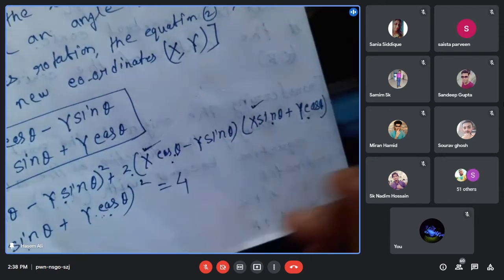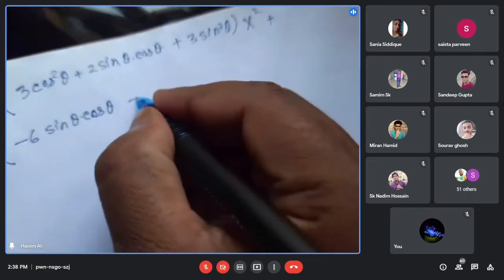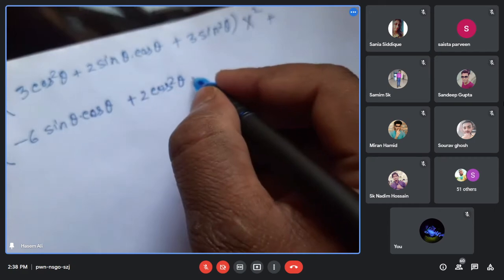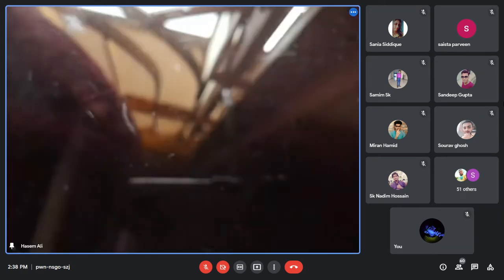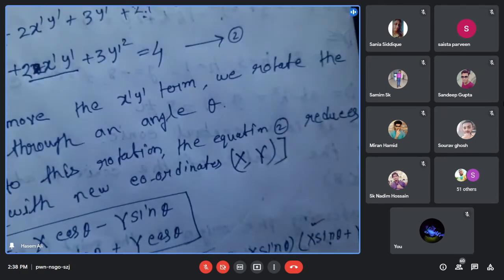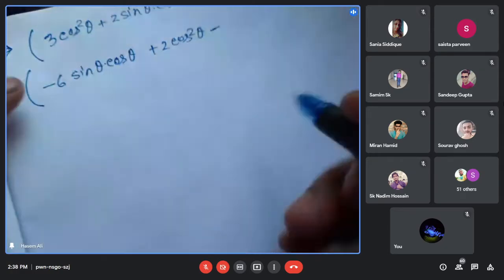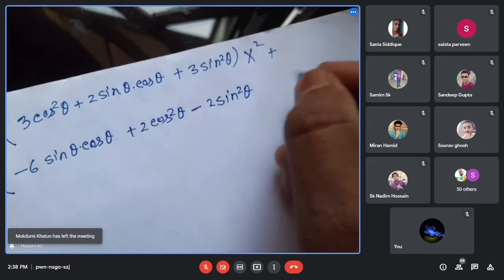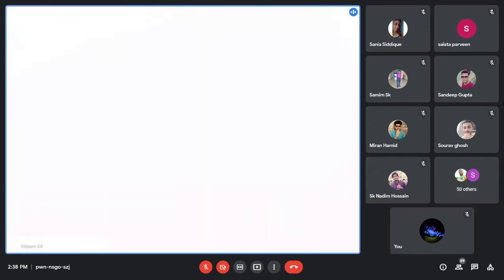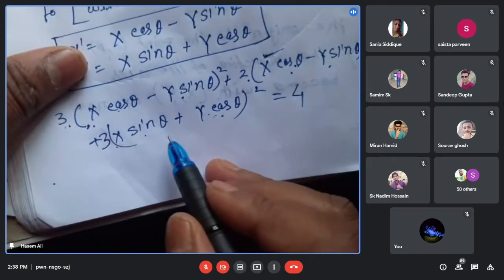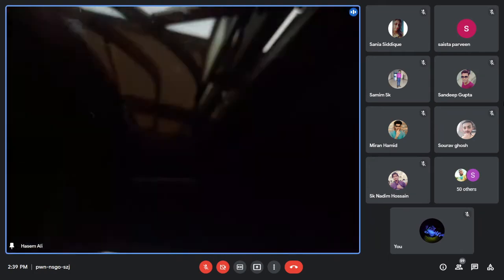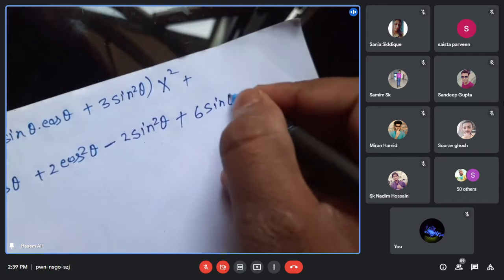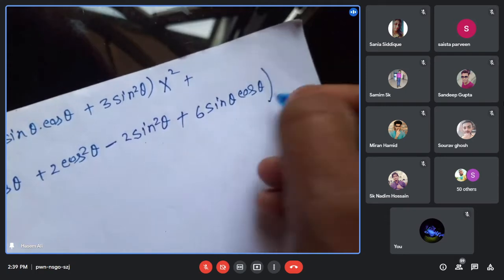So 2 cos square theta, and from here minus 2 sin square theta. And from the last term, the coefficient of xy is 6 sin theta cos theta, into xy.